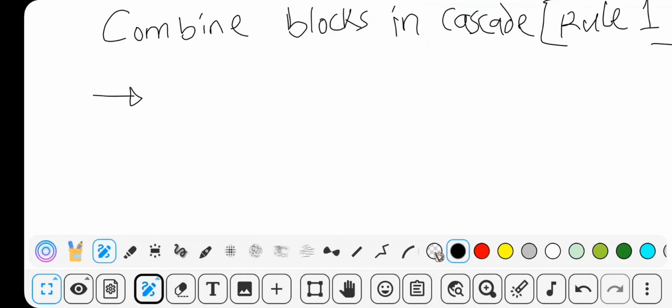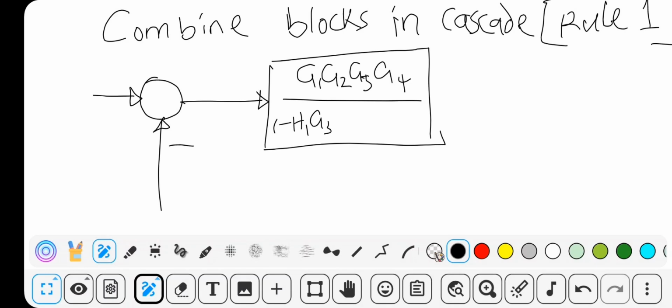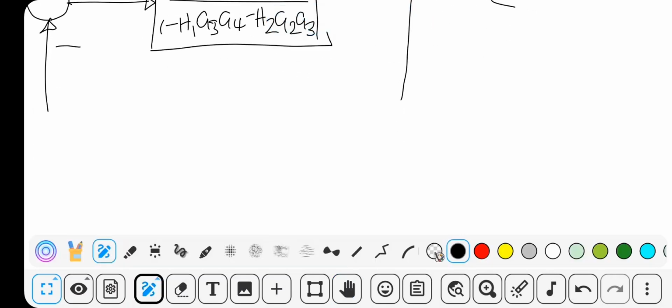This is what you have at the end of it: G1 G2 G3 G4 divided by 1 minus H1 G3 G4 minus H2 G2 G3, and H3.